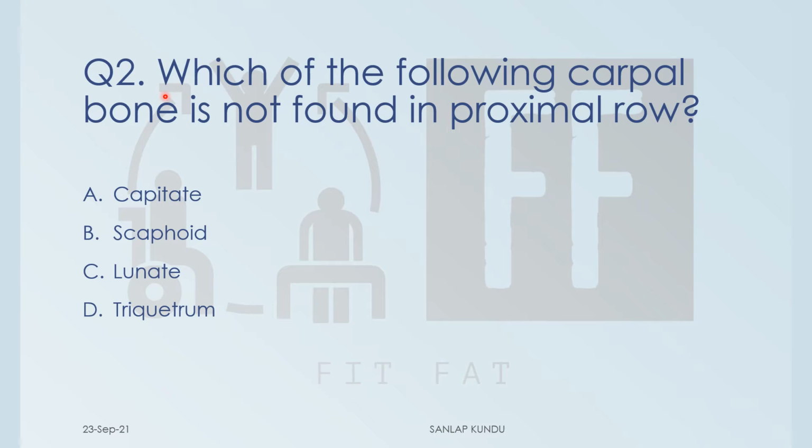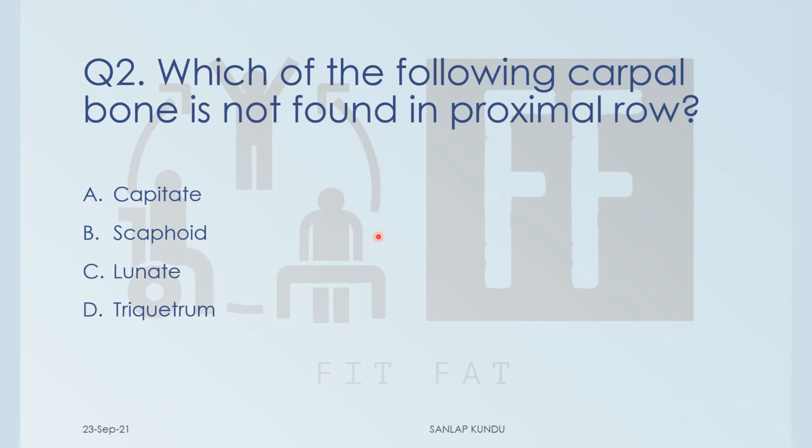Okay, so the second question is: which of the following carpal bones is not found in the proximal row? So for that we first need to know what the carpal bones are. The carpal bones are scaphoid, lunate, triquetrum, pisiform, trapezium, trapezoid, capitate, and hamate.